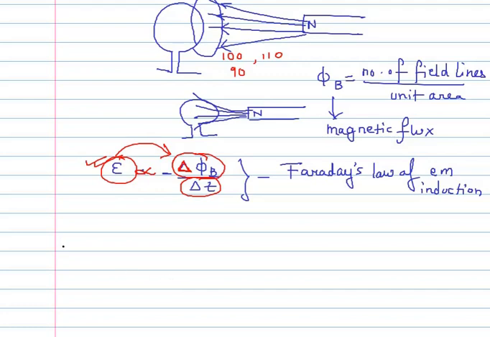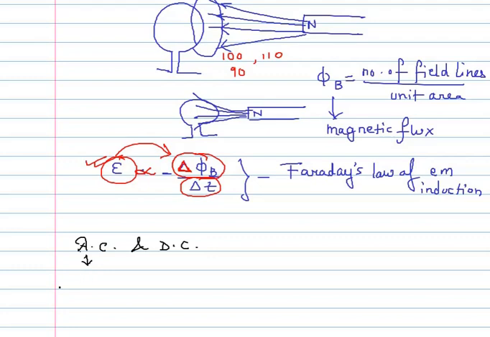One final thing that we will discuss is the comparison between AC and DC current. AC stands for alternating current and DC stands for direct current. One difference is that AC current changes its direction periodically.